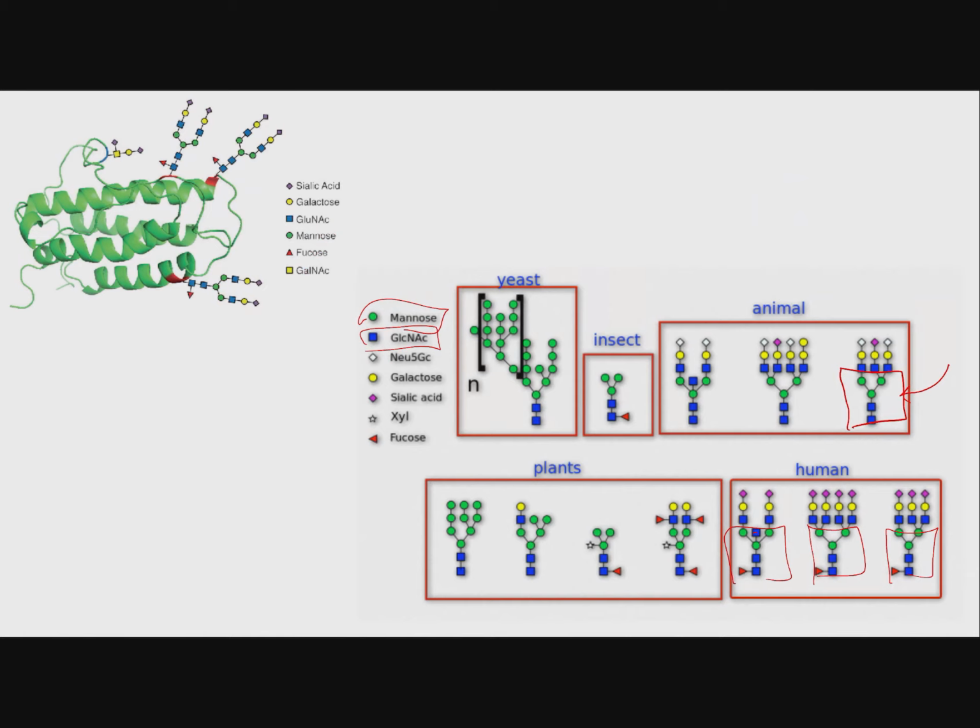We see N-acetylgalactosamine often in bacterial membranes. Let's see, is there anything else that's important to talk about with these guys? I don't want to get too into the details of the types of O-type or N-type glycosylation at the moment. Okay, I think we can safely move on.